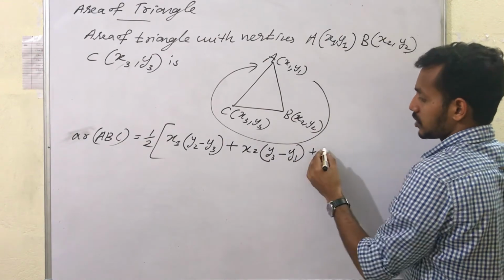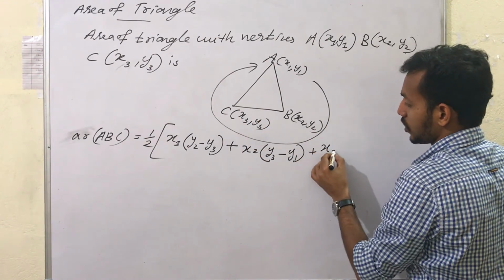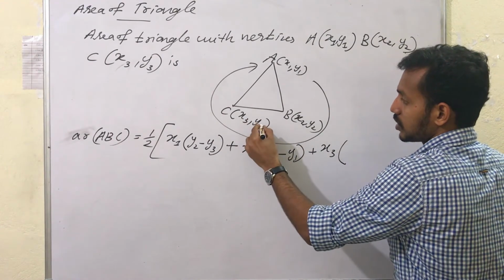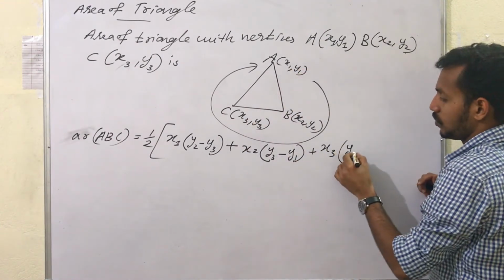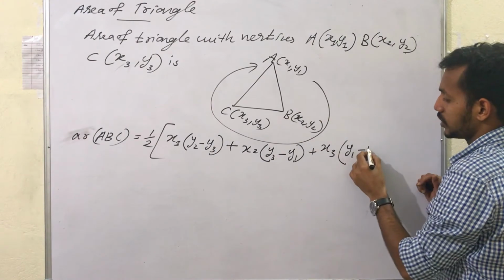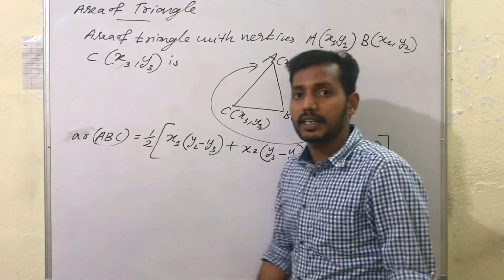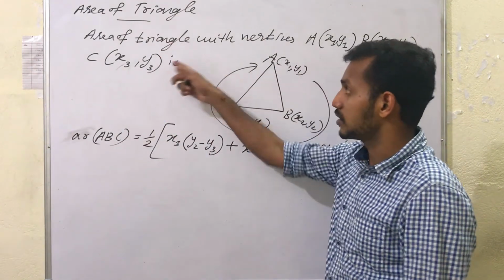Plus the next, third one, x3 into, don't take y3, start from y1, y1 minus y2. So this is the formula to find the area of a triangle if the coordinates are given.